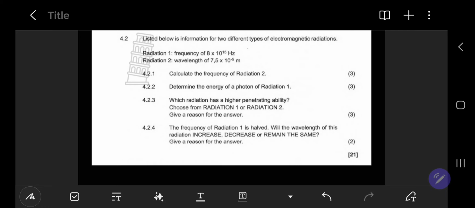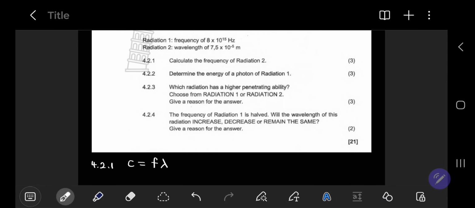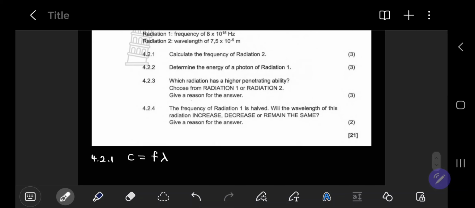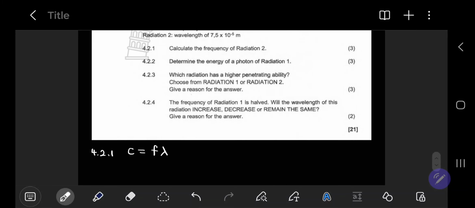And we need to get frequency. This can actually be done since we know that electromagnetic radiation travels at the speed of light. So the formula we're going to use is c equals frequency times lambda. Now on the left hand side, we are going to replace c, which is your speed of light, that is 3 times 10 to the power 8.